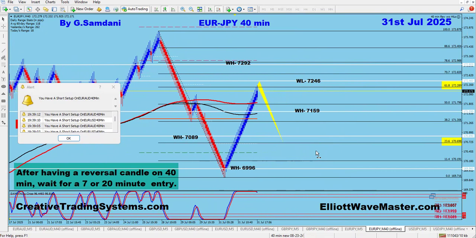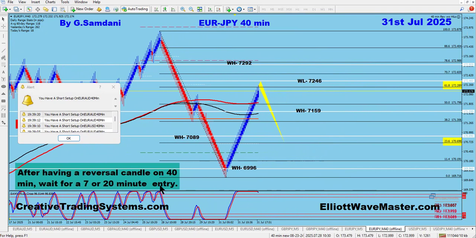The idea is that after having a reversal candle, and you don't have to watch the chart all the time to see if the reversal candle is there, just place this EA, the 40-minute reversal. Then you know whether it is exactly where I'm pointing, or exactly on some kind of level.